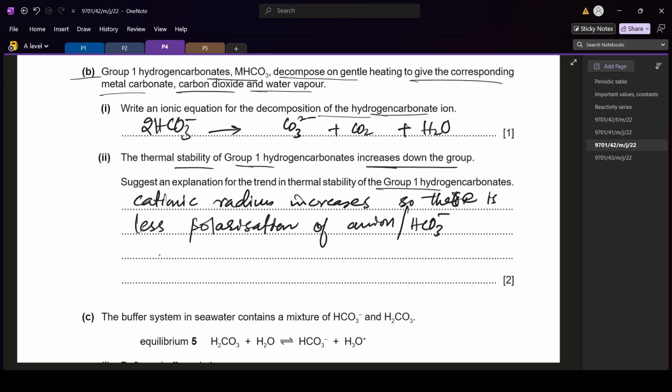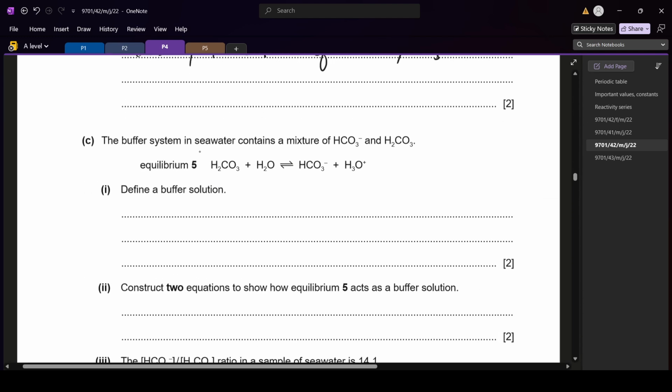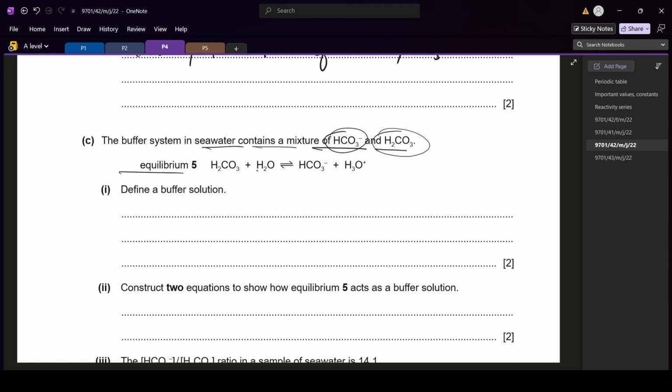Part C. The buffer system in seawater contains the mixture of this hydrogen carbonate ion and H2CO3. Equilibrium 5 is shown to you. Define a buffer solution.